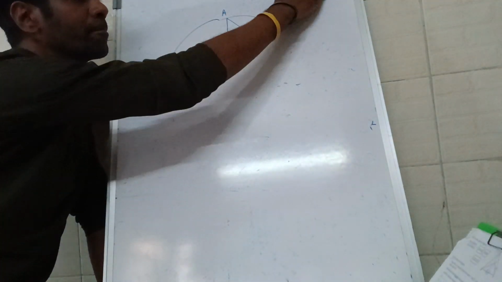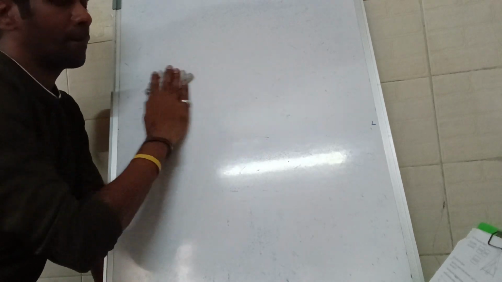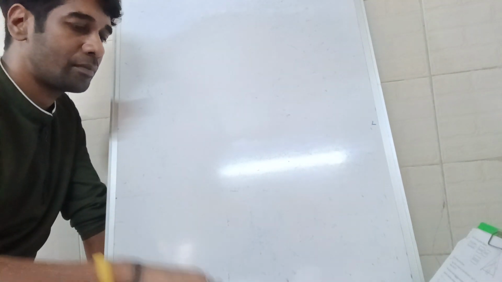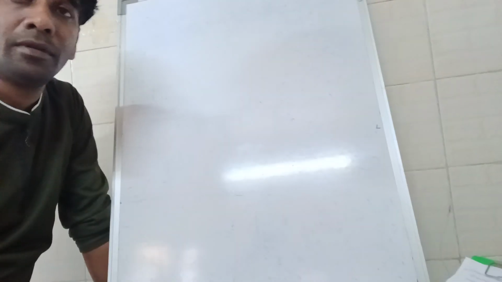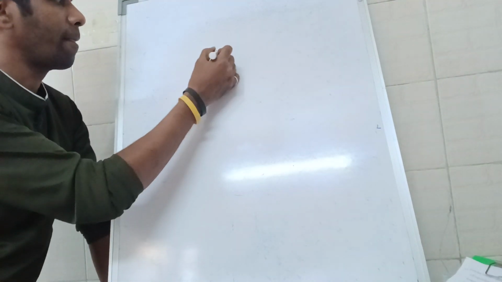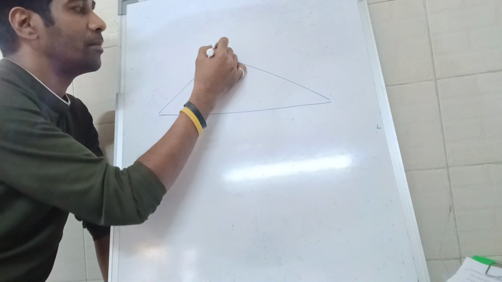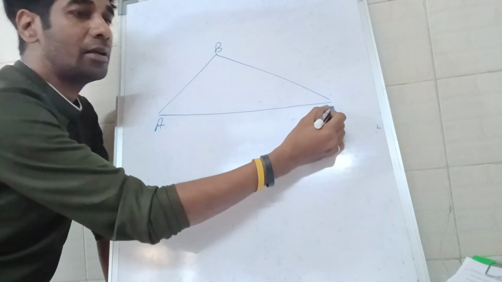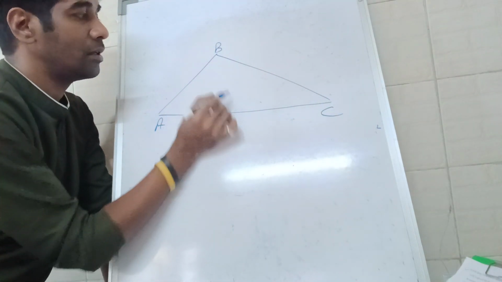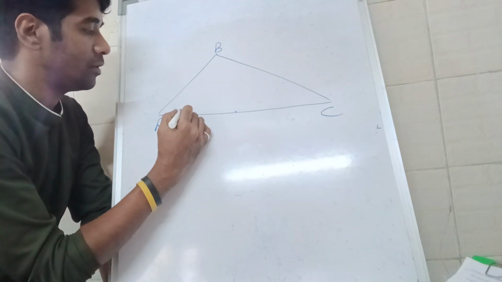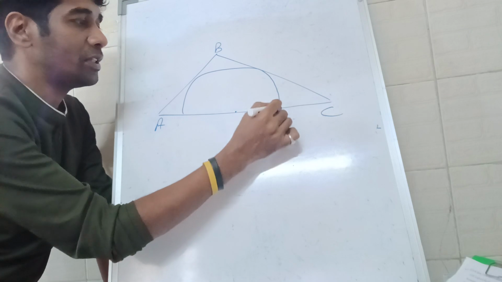Next, there's a right angle triangle BAC. O is the center of the semicircle.